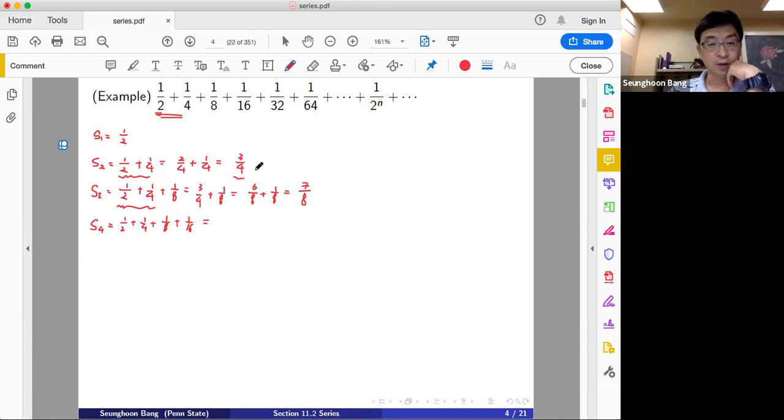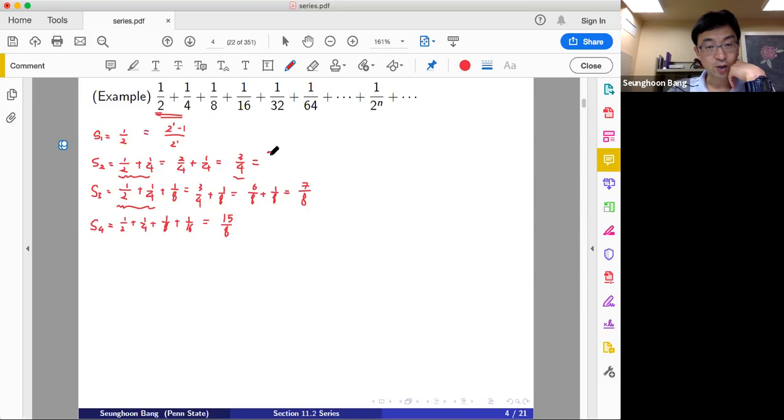Think about it. What's the difference between the top and the bottom? Top is 1 and 2, the difference is 1. 3 and 4, the difference is 1. 7 and 8, the difference is 1. You can keep going, same procedure. We can change it to this form: 2 to the power 1 minus 1, over 2 to the power 1.